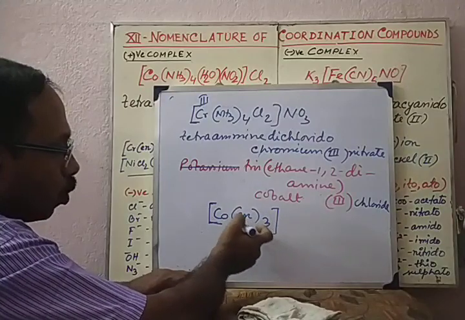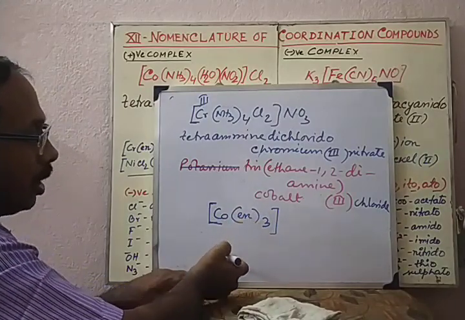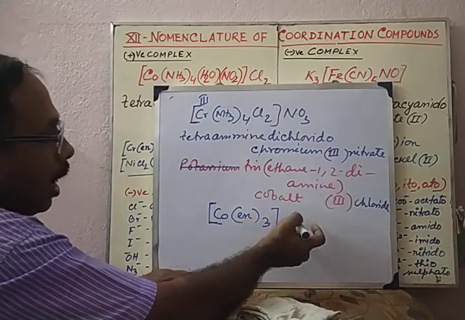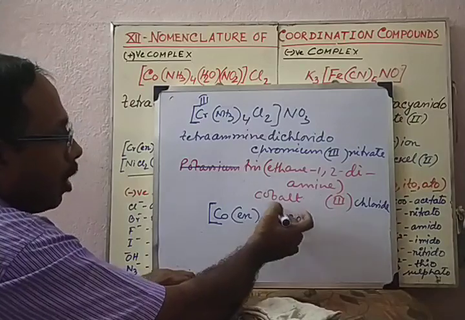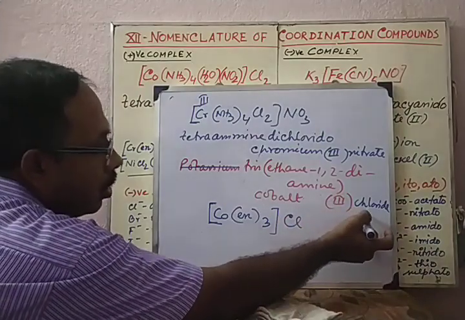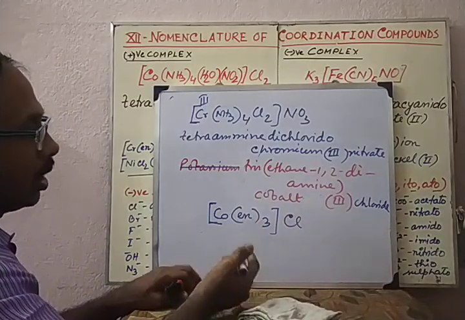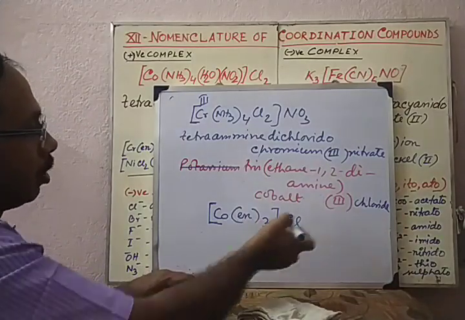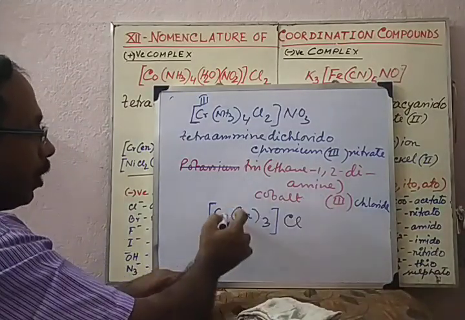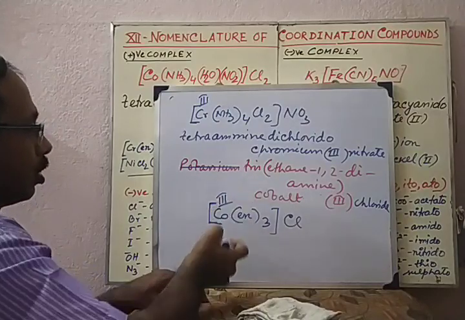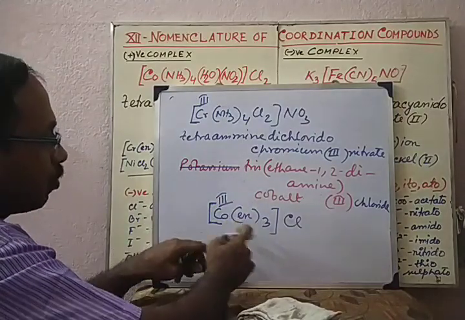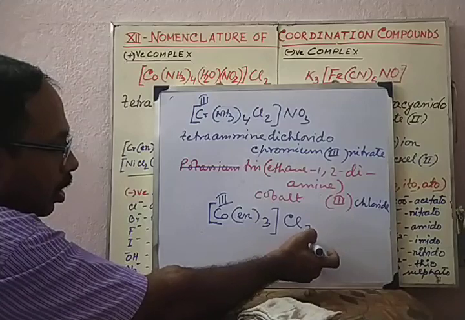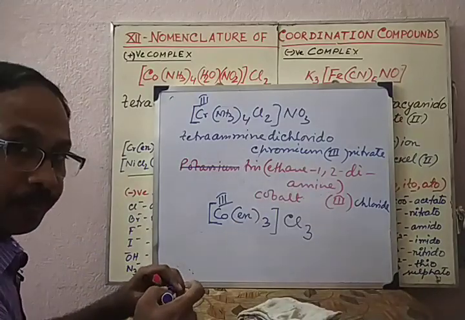Since there are no negative ions in the ligand, it is neutral, and the name after the metal is chloride. Then how many chlorides should we write? Follow that the oxidation number of the metal is 3. So to balance this 3 positive charge, there must be 3 counter ions.